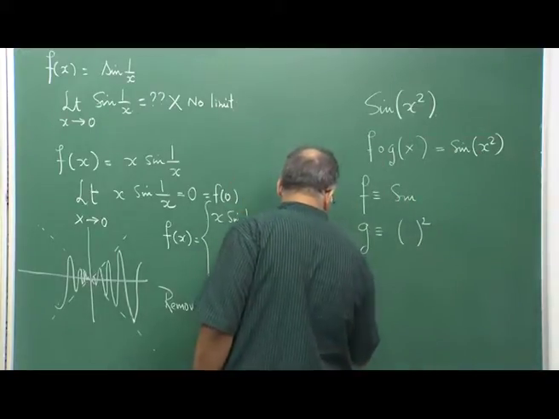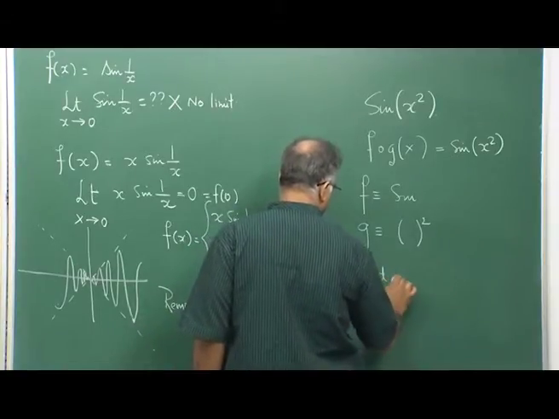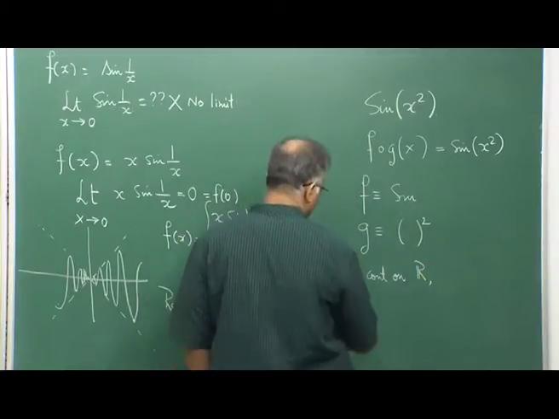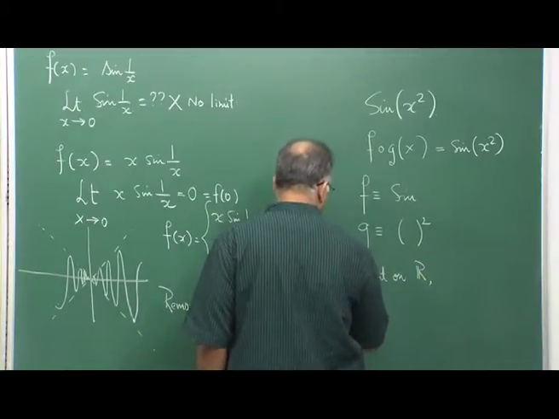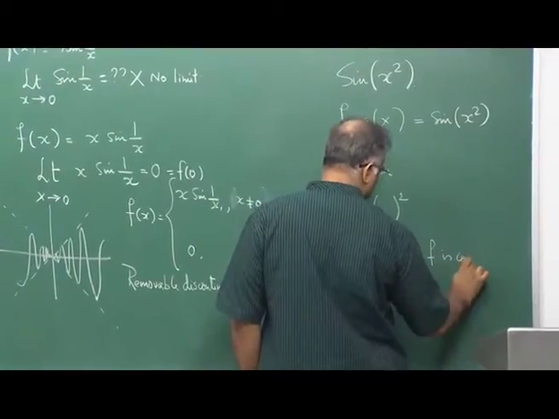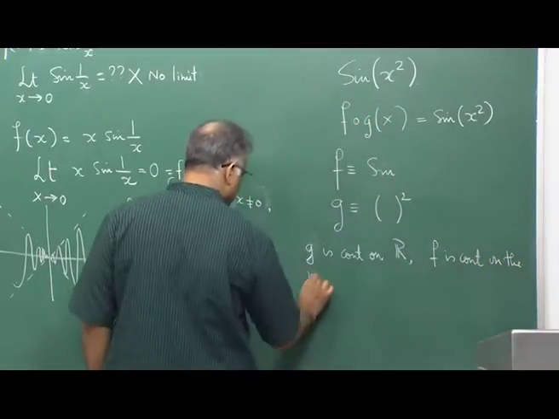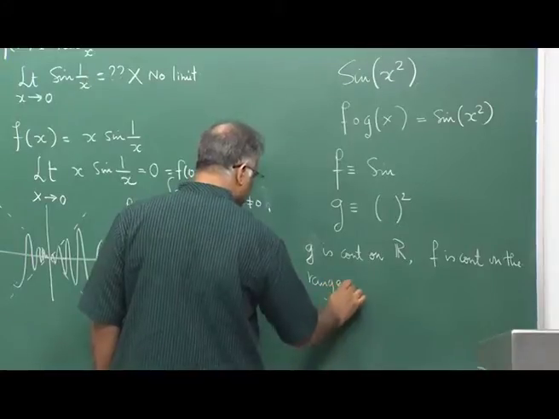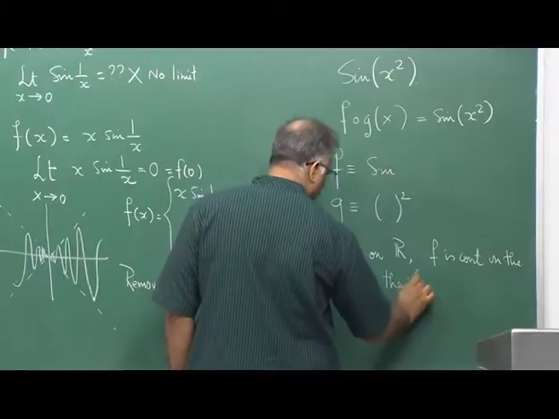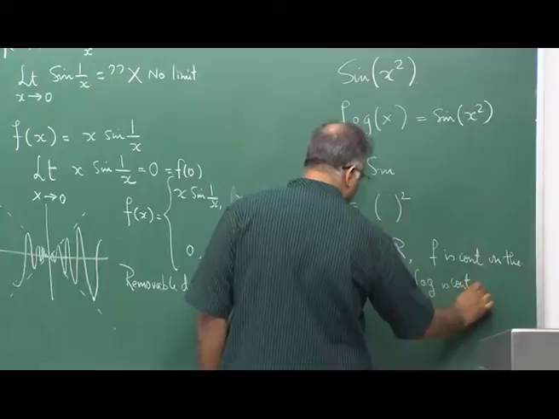That is, if g is continuous on R and f is continuous on the range of g, then f compose g is continuous on R.